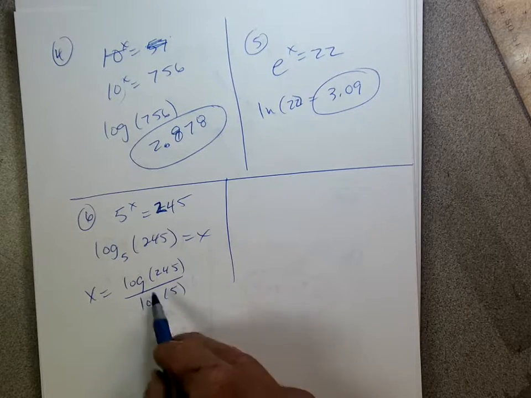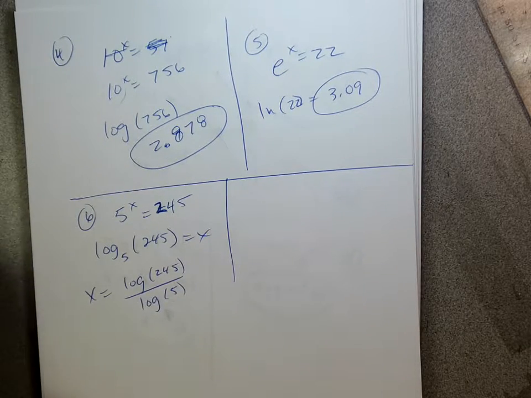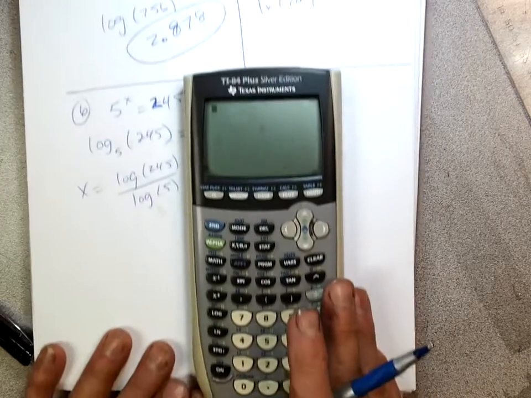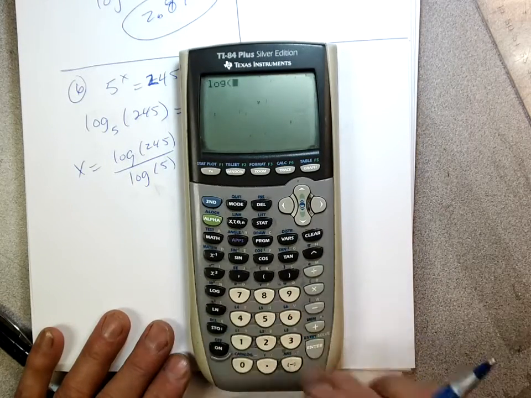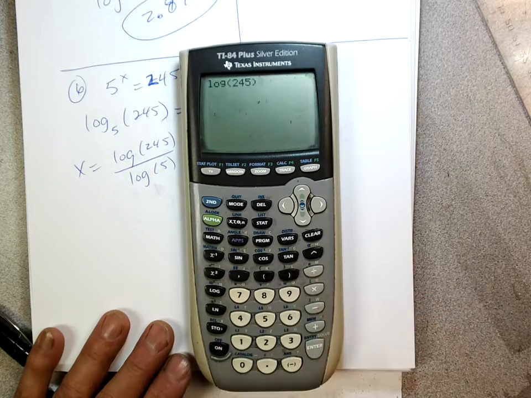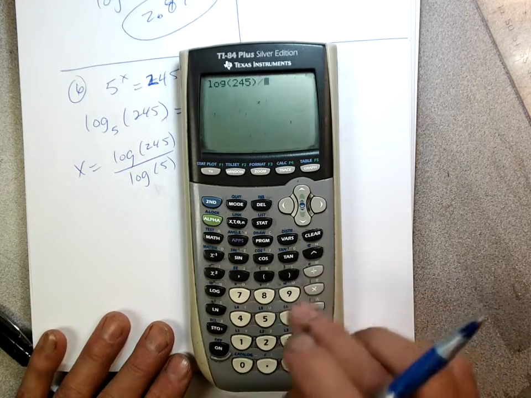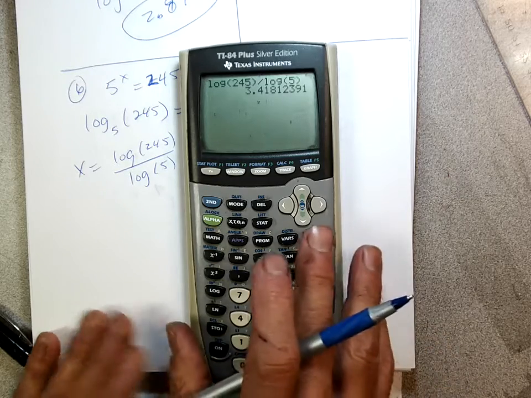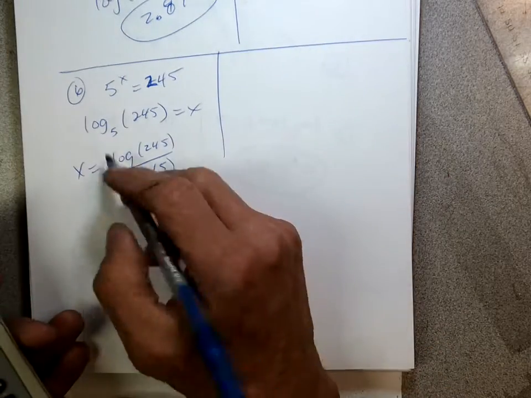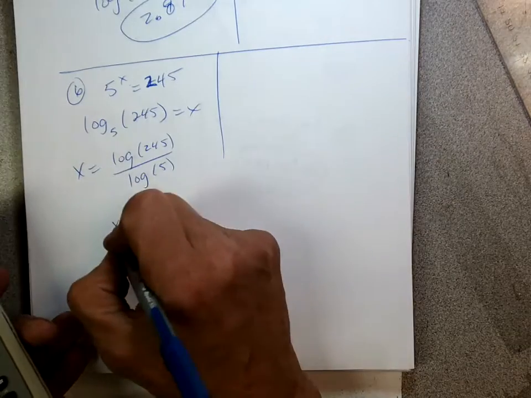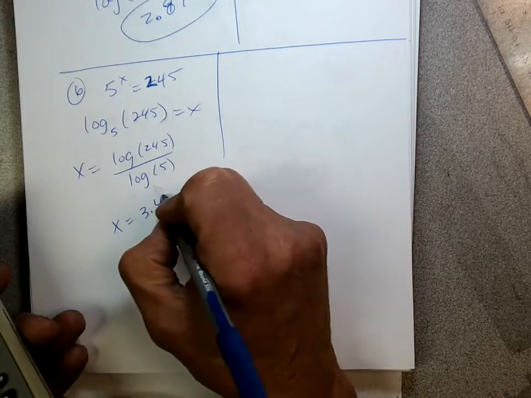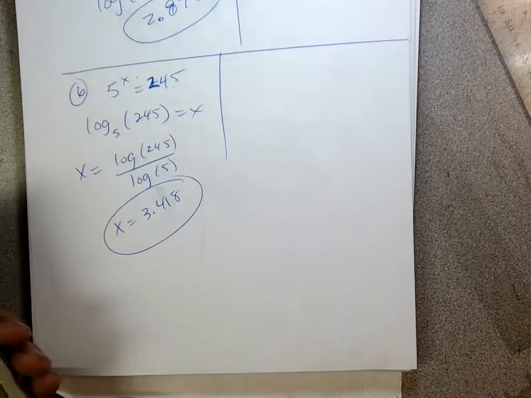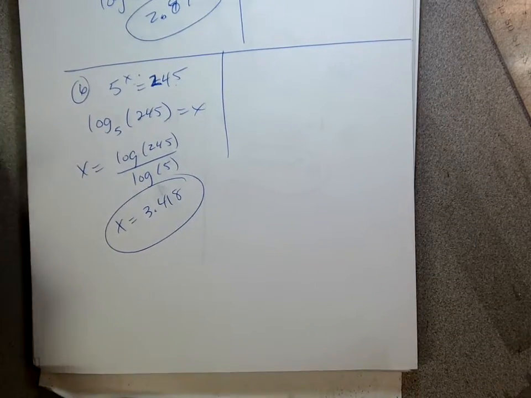Now the base I'm using is my calculator base, so I can use my calculator. So I'm just going to go log 245, close your parentheses, divided by log of 5, and I get an answer of about 3.418, so x is about 3.418. That would be 5 to the x power to give you 245.